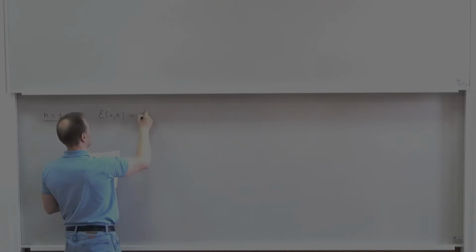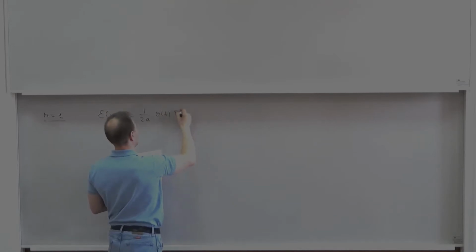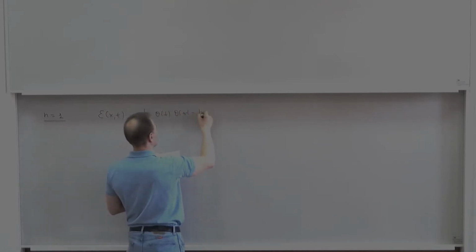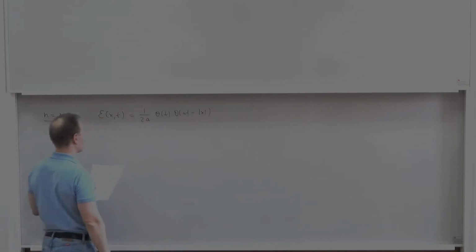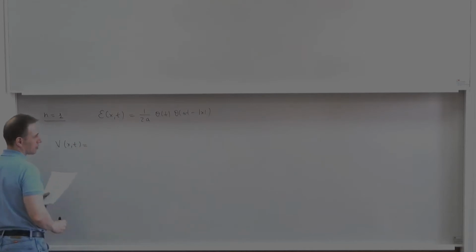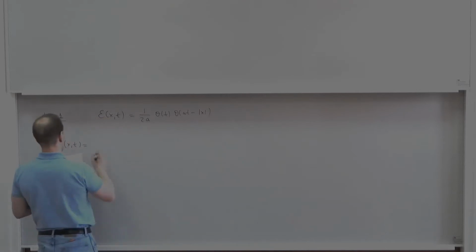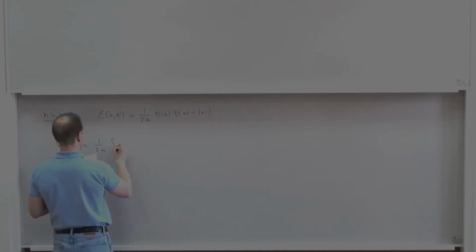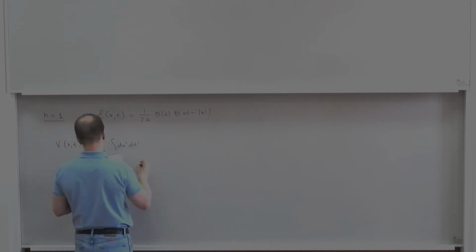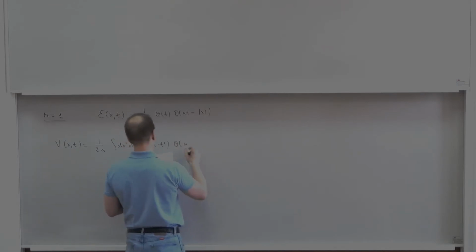In this case, the principal fundamental solution of the wave equation takes the following form, and so the retarded potential, which is a convolution of this fundamental solution with the generalized function f, is written as follows.